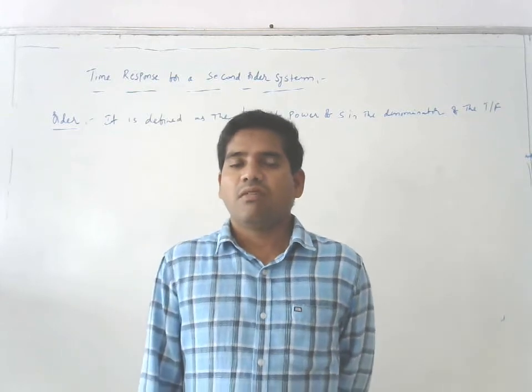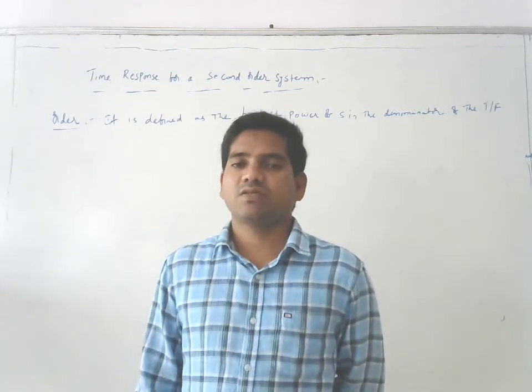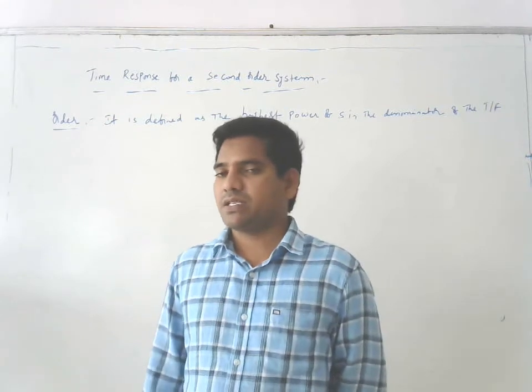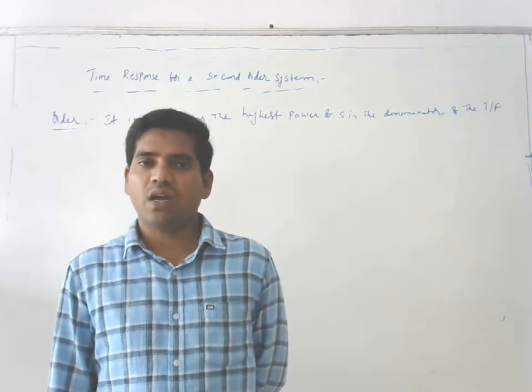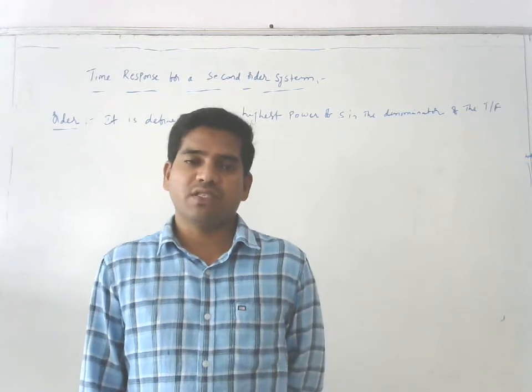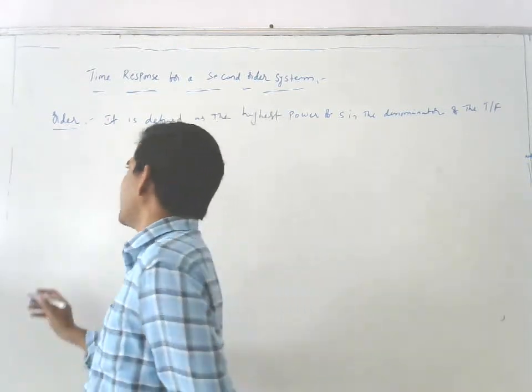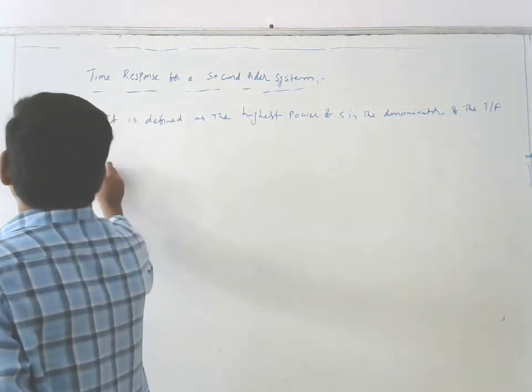Whenever we are finding the transfer function, we know the definition: it is the Laplace transform of the output of the system to the Laplace transform of the input of the system, with initial conditions zero.